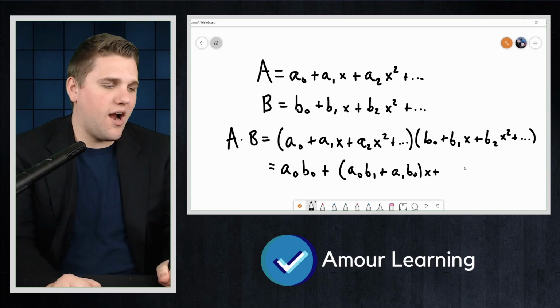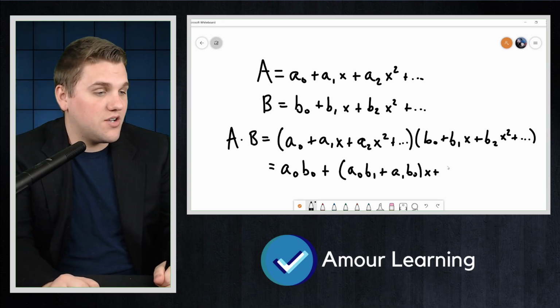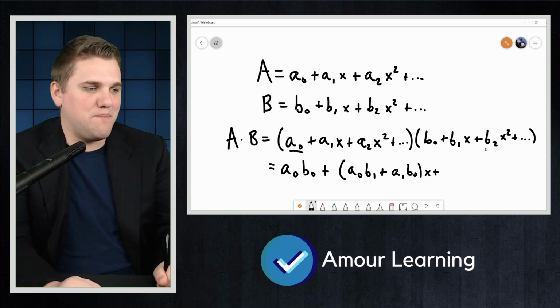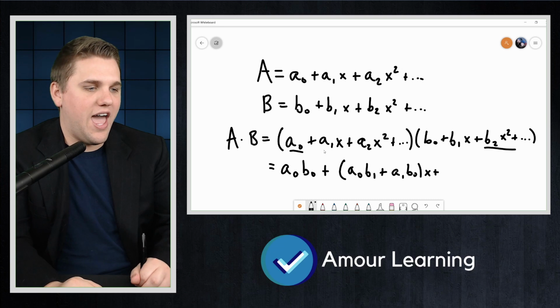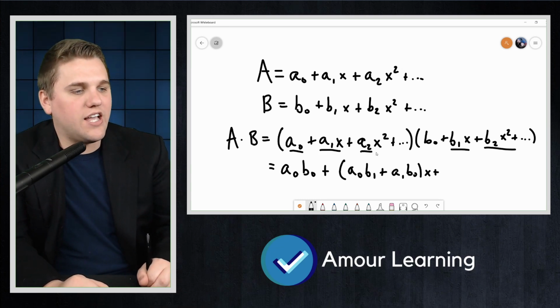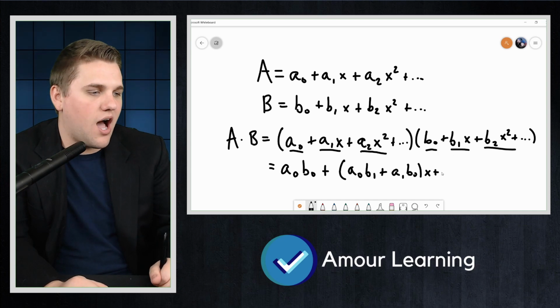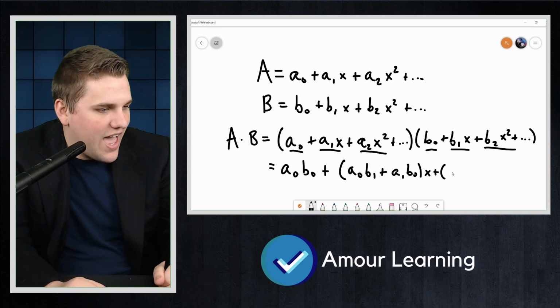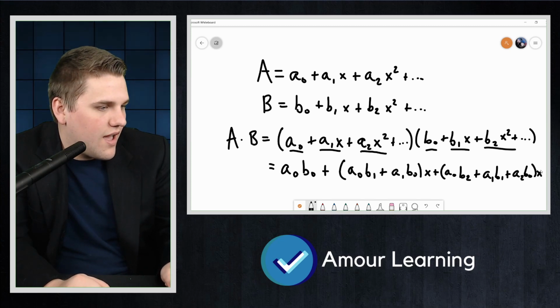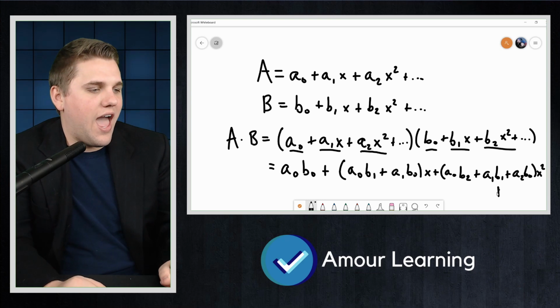What about x squared? Well, in that instance, we could do a0 times b2x squared, we could do a1x times b1x, or we could do a2x squared times b0. So this would be a0 b2 plus a1 b1 plus a2 b0, times x squared, and so on.